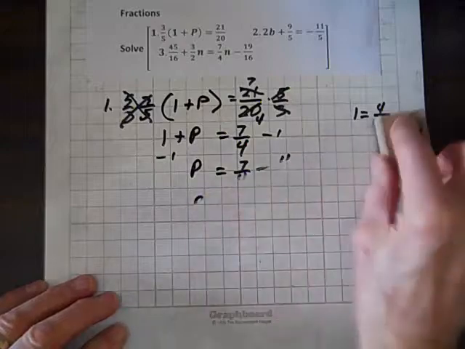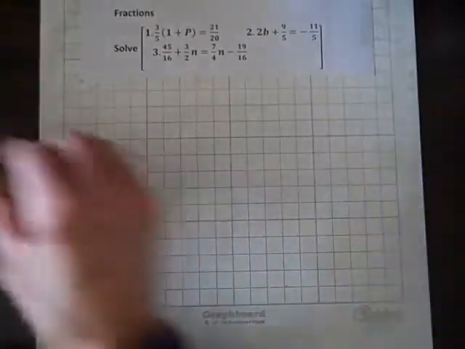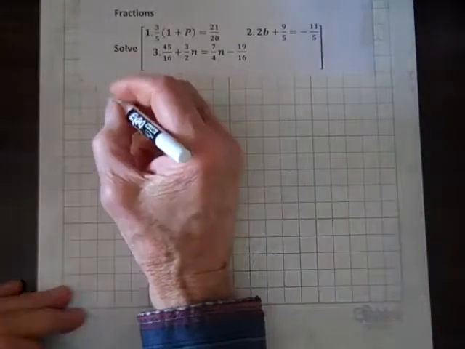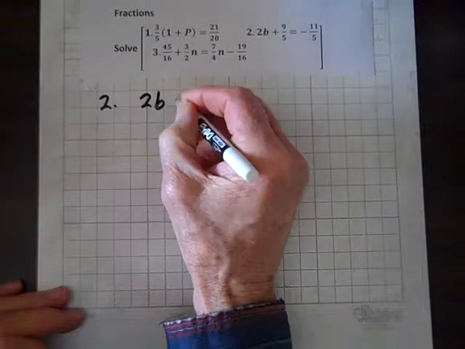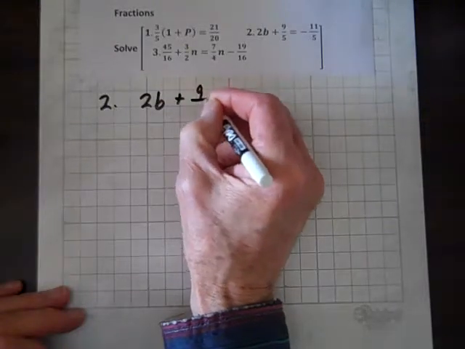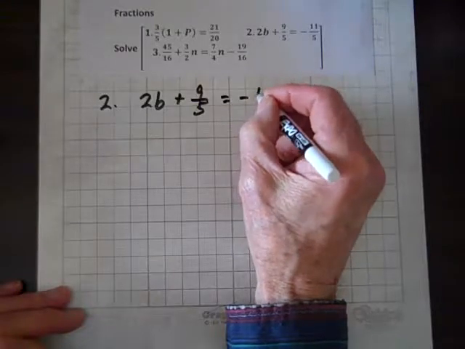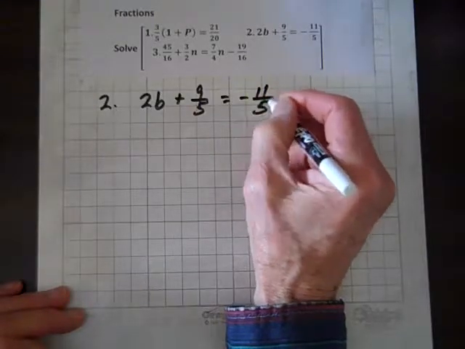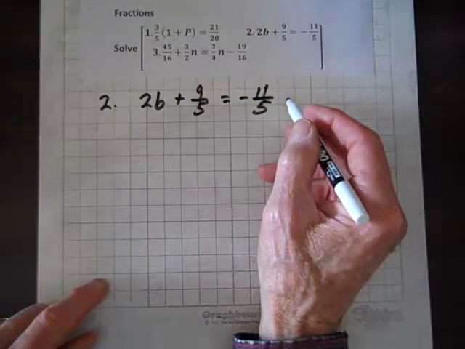Let's go on to number 2. So 2b plus 9 over 5 equals minus 11 over 5. Well, let's just subtract 9/5 from both sides.